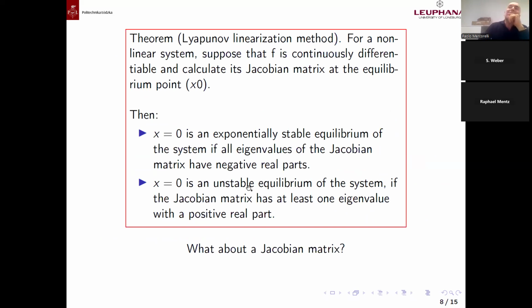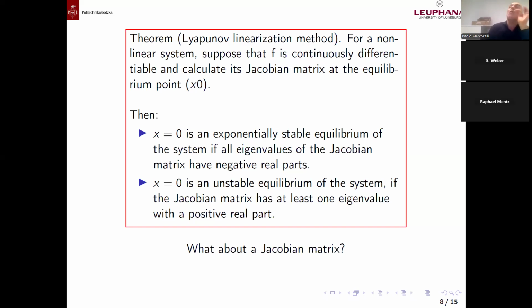We cannot say if the system is, do you remember, stable with oscillation. This is a little bit more complicated, at least it's not included in this theorem here. We can see that it depends on the eigenvalues of the Jacobian matrix.